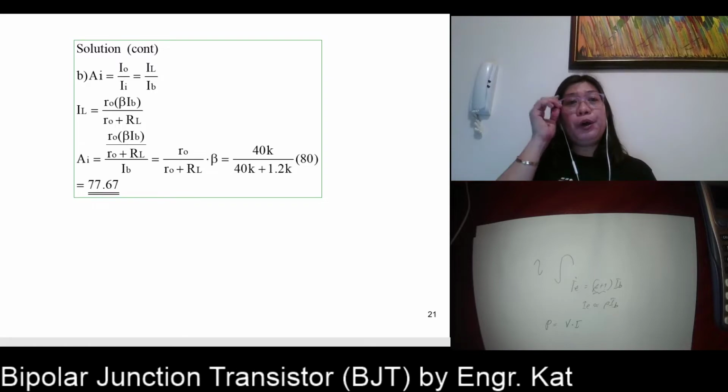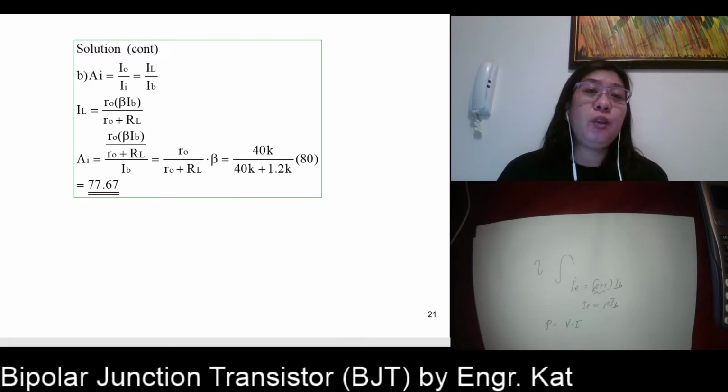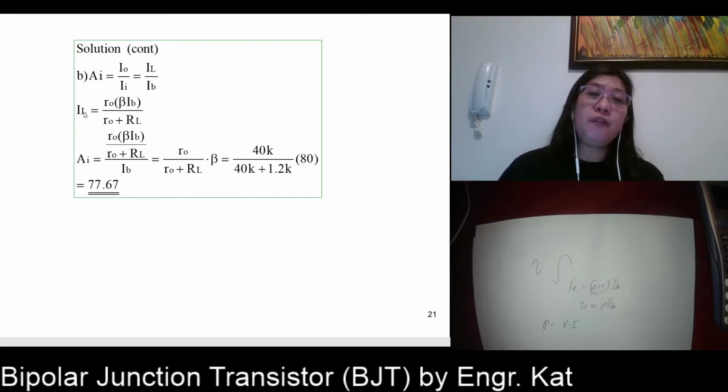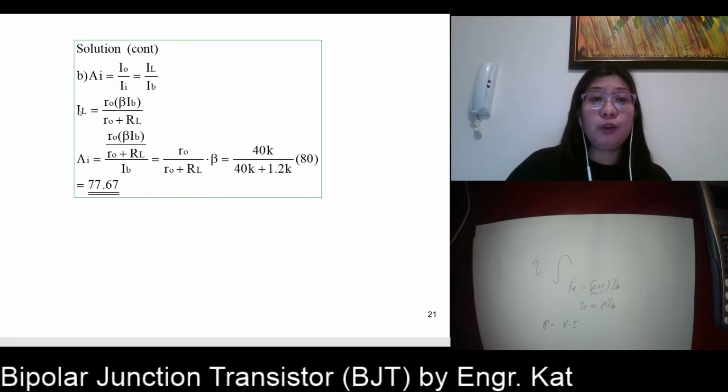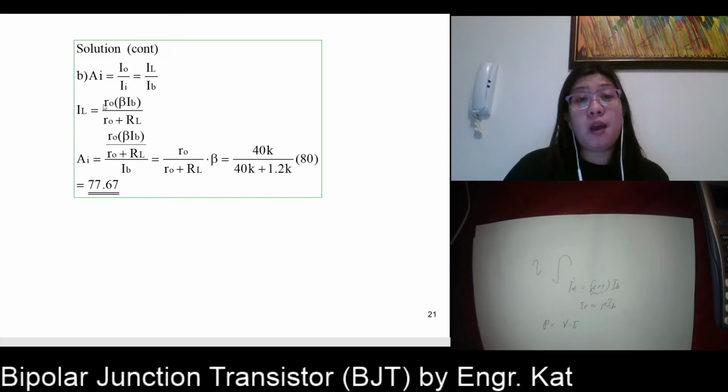For the current gain, you have IO over I input. This is the current divider principle. Since we are getting the value of your IL, in our numerator we have the RO, the opposite resistance, divided by the total resistance, and the total current. What is the total current? That is beta IB.